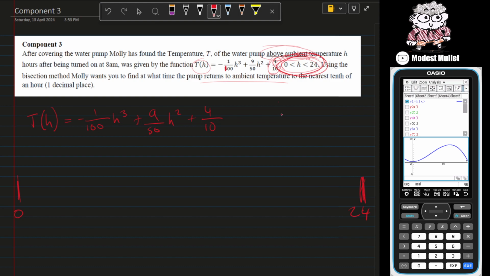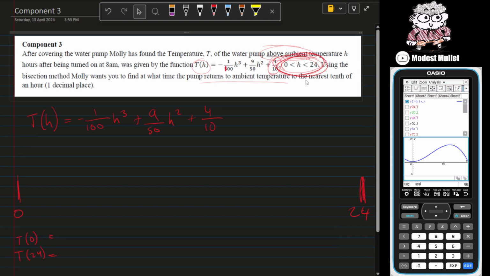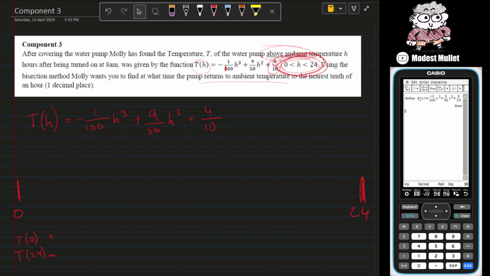Okay, so if we go in and do t of 0, t of 24, if we go back to main, and this is where defining the function is really handy, because we can just put 0 in there and we get 0.4, which we knew, but it's positive at 0.